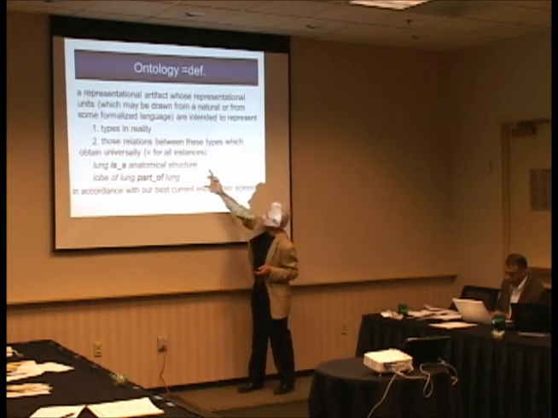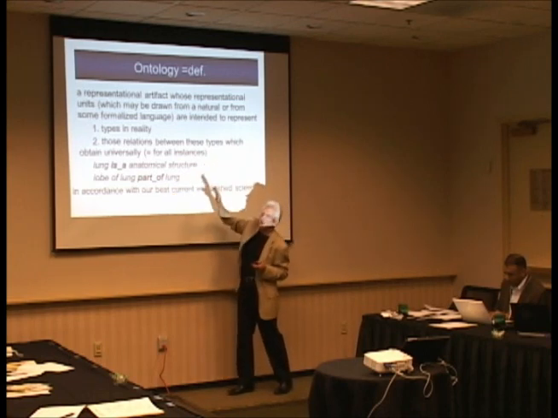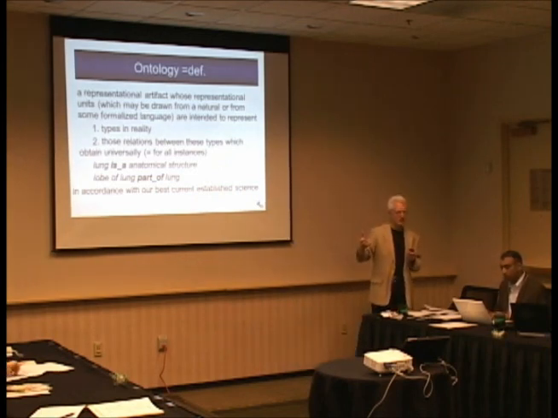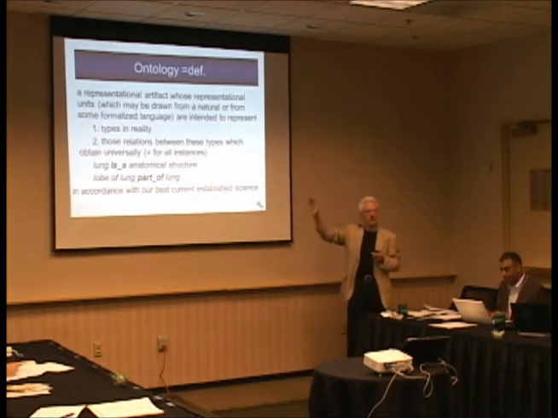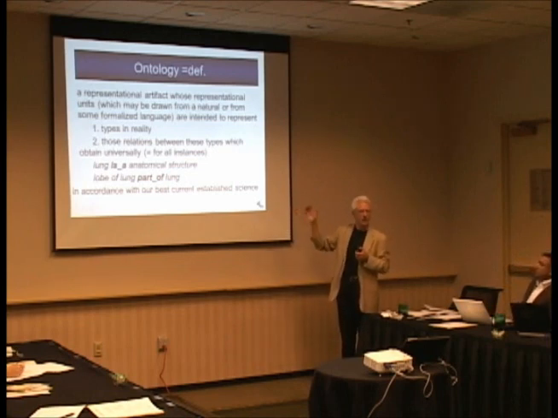Finally, the ontology is always in keeping with established science. It grows as established science grows. So if we have some speculation in textbooks that there is something about this particular kind of lobe of lung which does this and this, we don't put that into the ontology.